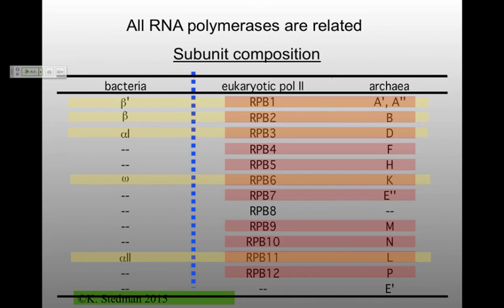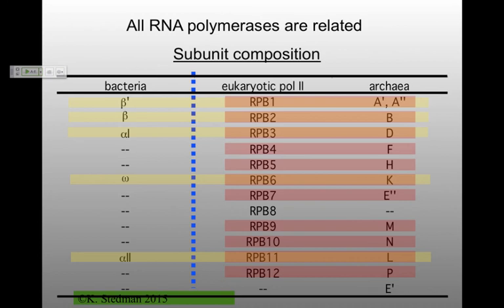And I'm not going to expect you to remember all of these different things unless I talk about them in a lot more detail. The important thing here is that you've got a lot more of these proteins in the eukaryotic RNA polymerases. True for 1, 2, and 3, but we're just looking at 2 here. Then you have in the bacterial RNA polymerase. But these sequences are clearly similar to each other.